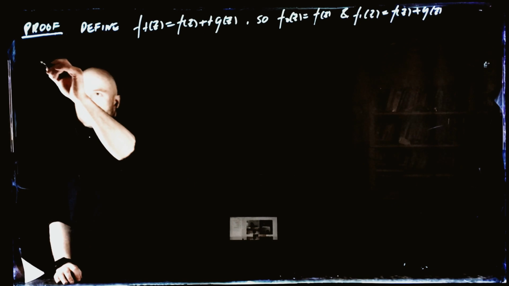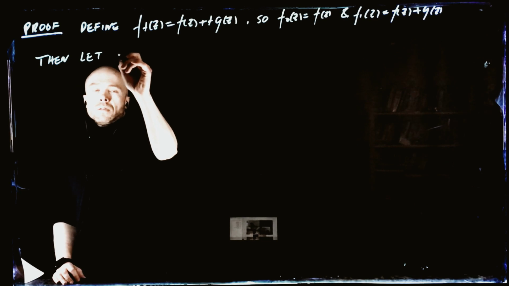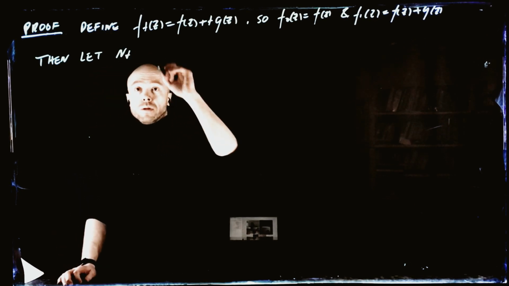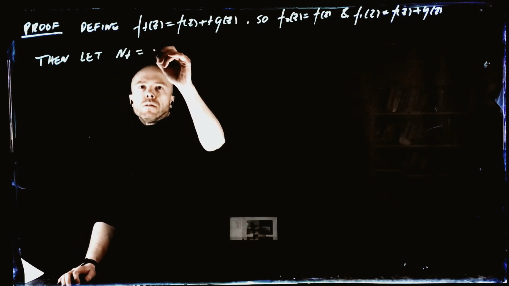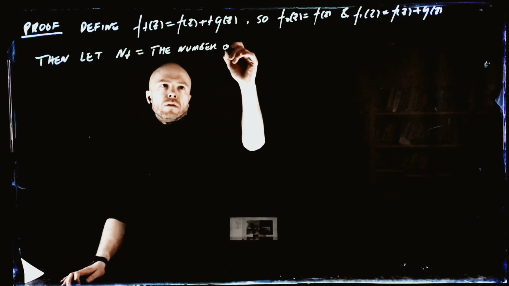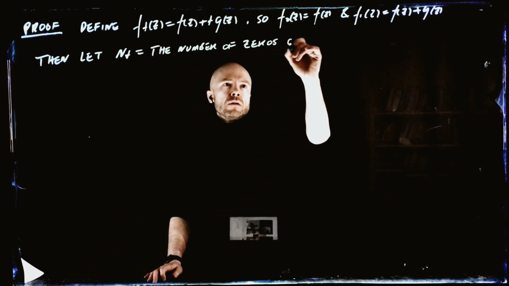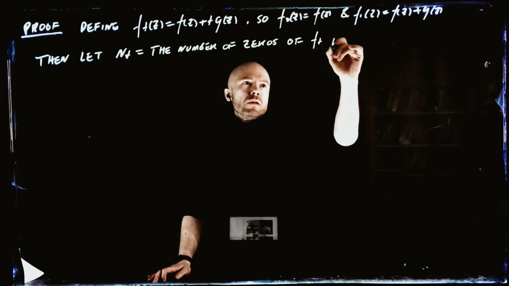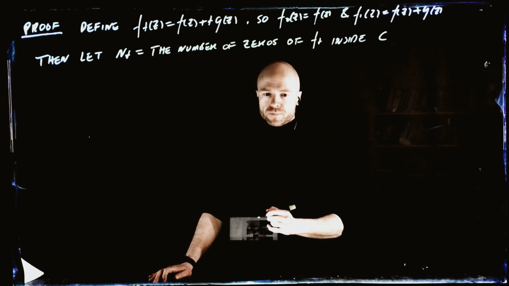Then let n(t) be the number of zeros of f_t inside a curve C, like this.